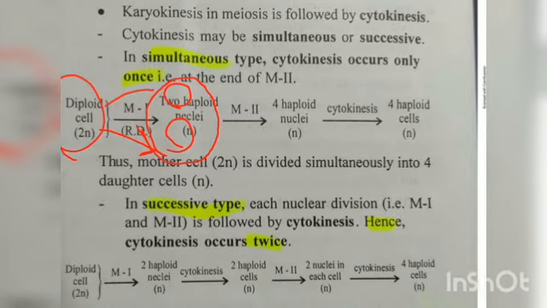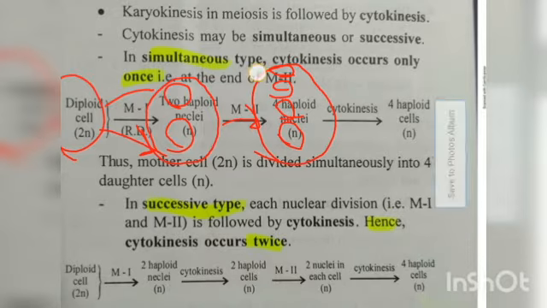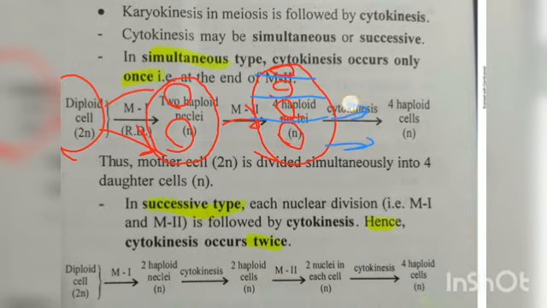Then inside that you can see from one nucleus you now have 4 nuclei. Then after karyokinesis occurs, cytokinesis occurs. Now the cytoplasm splits and forms 4 daughter cells.